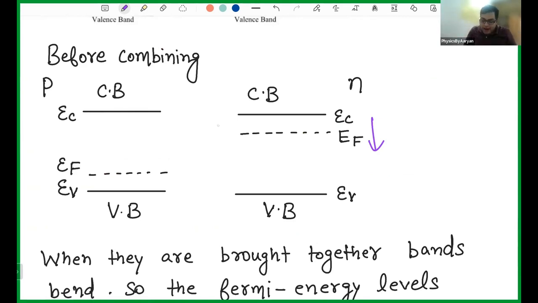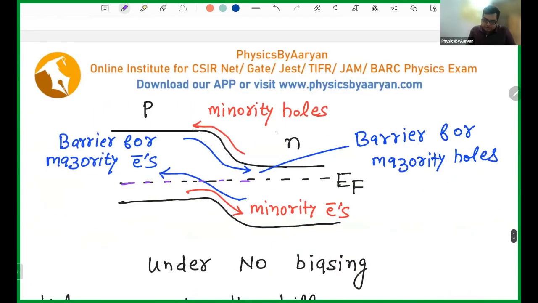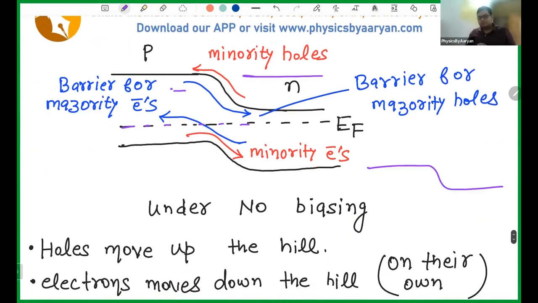It means bands are bending. These bands are going down. So initially bands were here. These bands bent a little bit up and these bands bent a little bit down. So you get the bands like this. These bands bend down so that this Fermi level and this Fermi level come together.